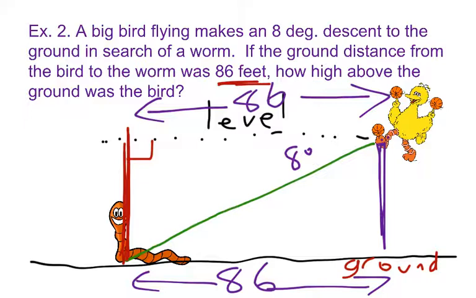So now I have my picture. I have 86 feet, 8 degrees, and what do I want to find? How high above the ground? So remember, height is this guy right here. So I need how high the bird was.